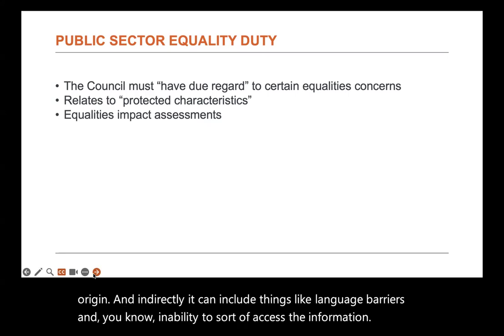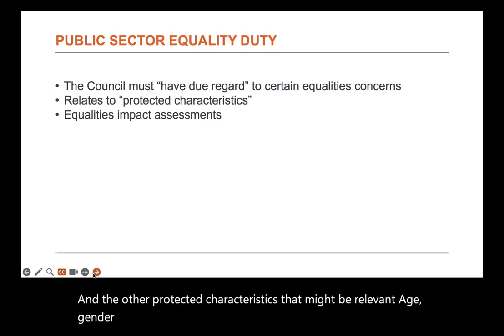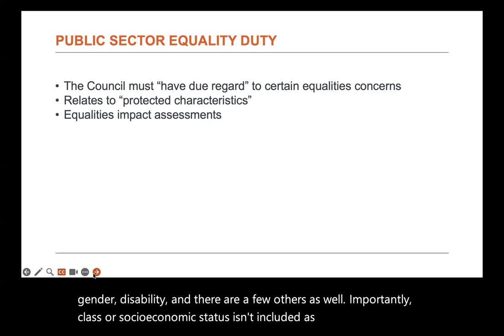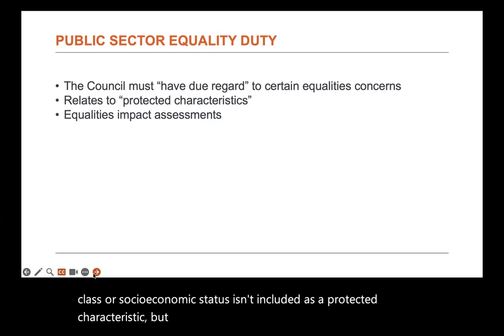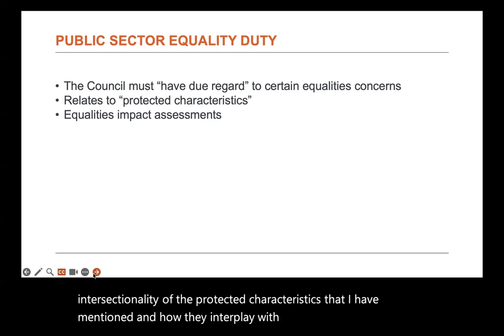The other protected characteristics that might be relevant are age, gender, disability, and there are a few others as well. Importantly, class or socioeconomic status isn't included as a protected characteristic, but you may be able to show the intersectionality of the protected characteristics that I have mentioned and how they interplay with class or socioeconomic status.